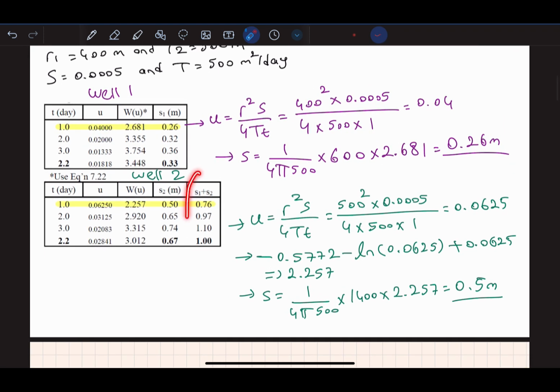So here we need to create this column, which will give the total drawdown from both of these wells. After 1 day, the pump started pumping. So we had 0.26, and we have 0.5, which gives the total drawdown as 0.76.